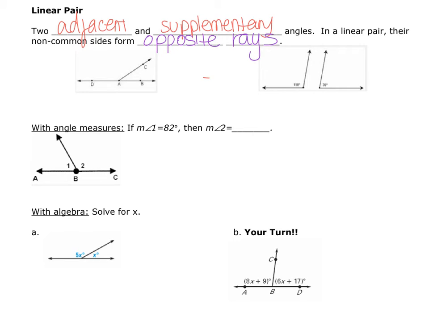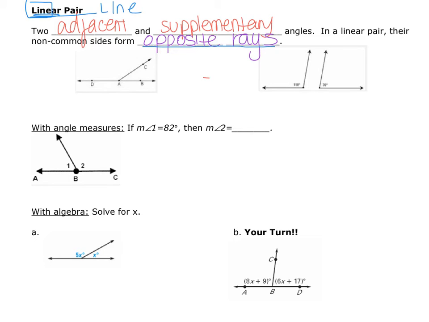And again, if you look at this word linear pair, you should see hidden inside that word linear is the word line. So that's where the idea of them being opposite rays comes in. In this picture, we have two angles, angle DAC and CAB. They're adjacent because they're sharing this side, and they're supplementary because they are two angles that have a sum of 180.